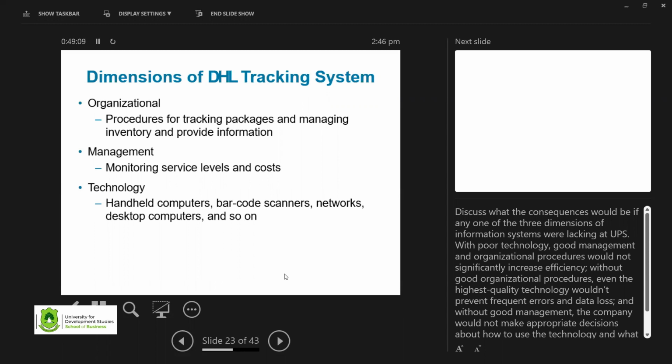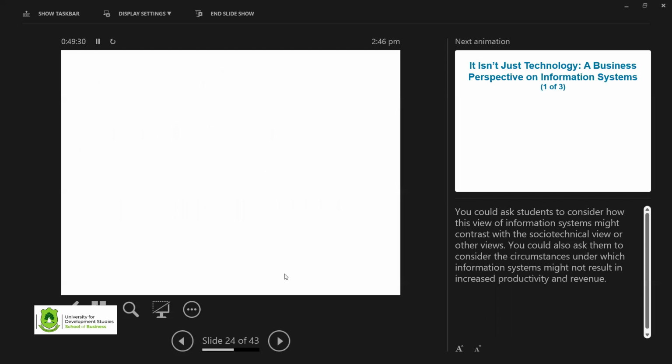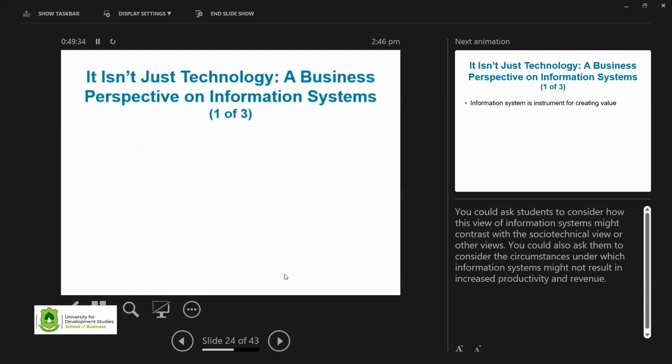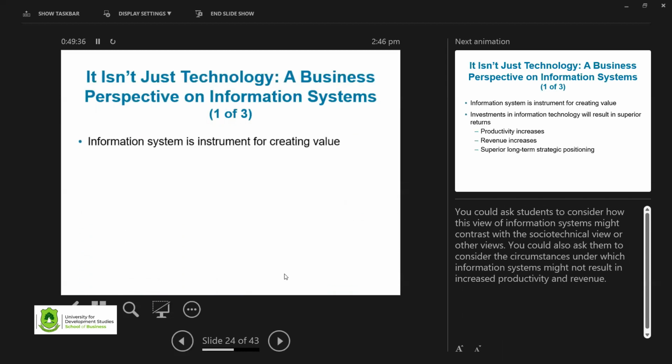How much is coming in? How much are we spending? That's what they are interested in. For us to achieve that, the technology components should be what? Perfect, intact. People should be able to move around with their devices. They should be able to scan. They should have network wherever they are. And in the office too, they may not necessarily rely on the handheld devices. Okay. Any question?